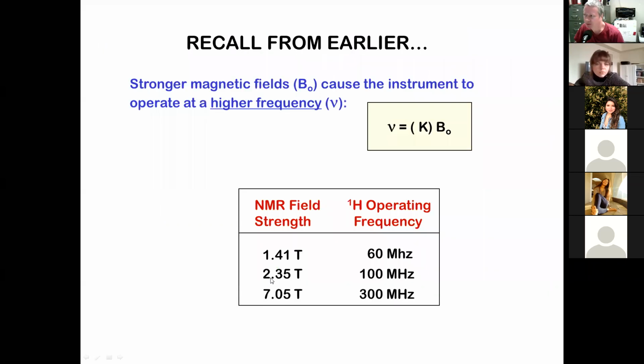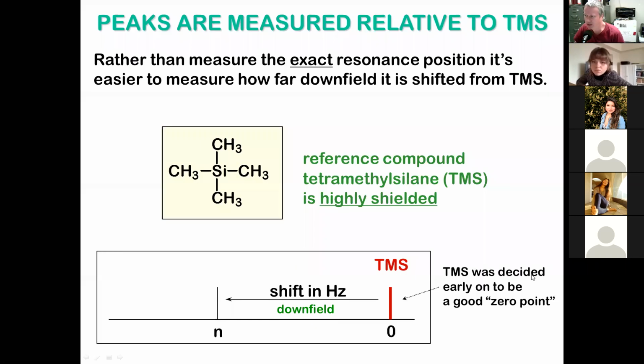The thing about chemical shift is that there's a couple ways to measure it. Measuring it in hertz is possible, but it's not ideal because the hertz depends on the machine you have, the NMR spectrometer frequency.